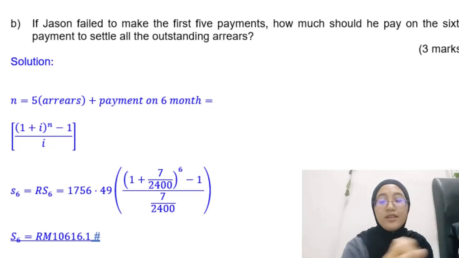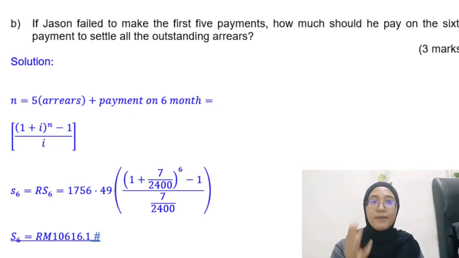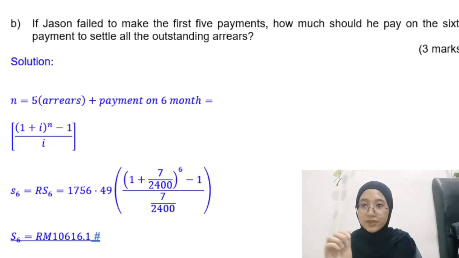So, 5 arrears plus the payment of 6 months equals to S6.